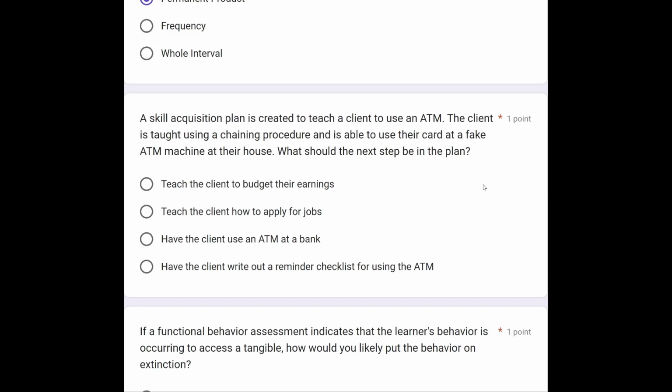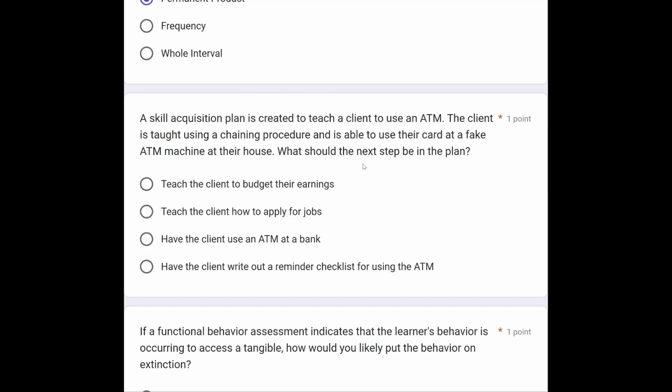If we're not generalizing, we're not truly doing our job. So in this case, we have our plan. Our goal is to get our client to use an ATM. We have our procedure, which is chaining, and we get them to the point where they can do the behavior in their house. But is using their card at a fake ATM machine gonna be socially valid and gonna be useful if they can't do it elsewhere? No.